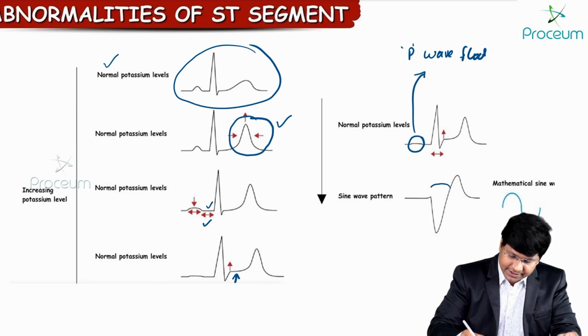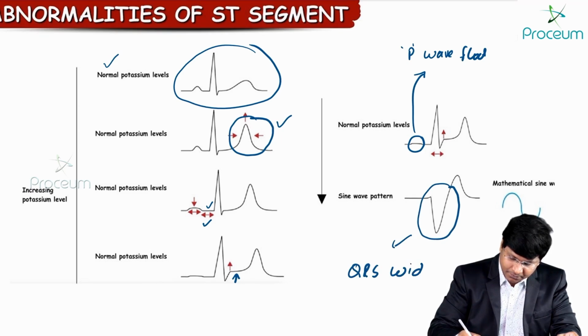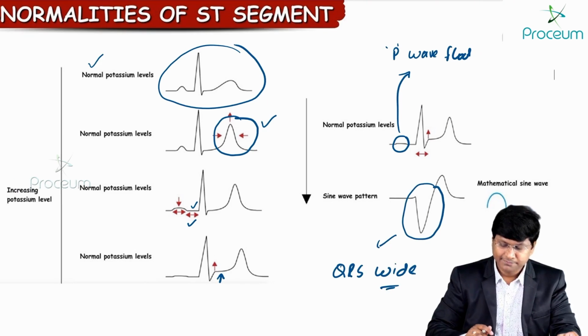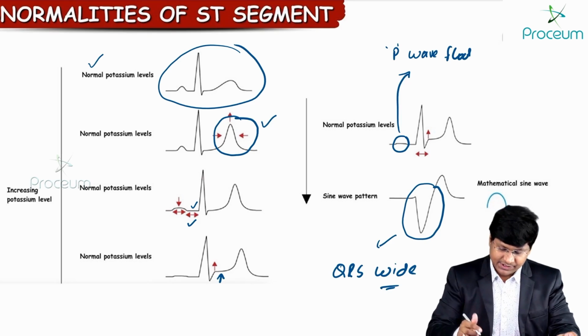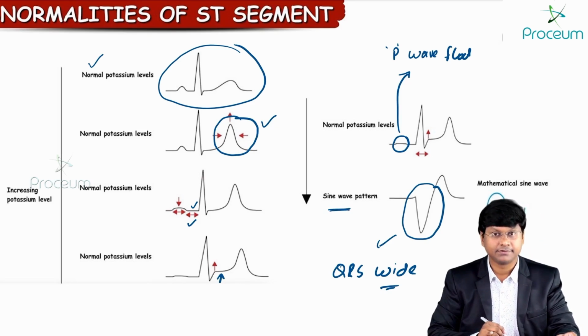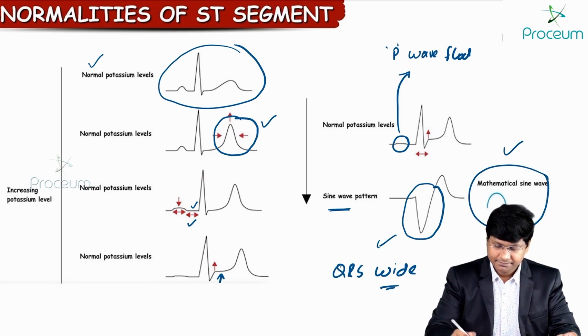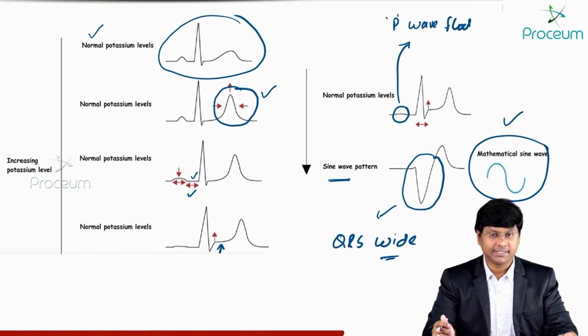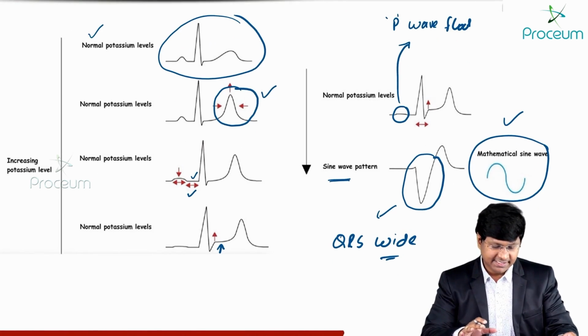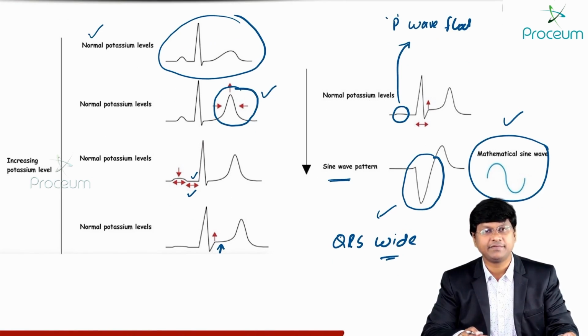And the other thing is, if you take the QRS complex, it becomes wide. This is called the sine wave pattern. So this is nothing but your mathematical sine wave. Okay. So these are the ECG changes you will have in patients with hyperkalemia.